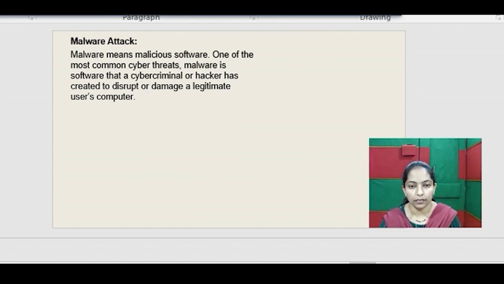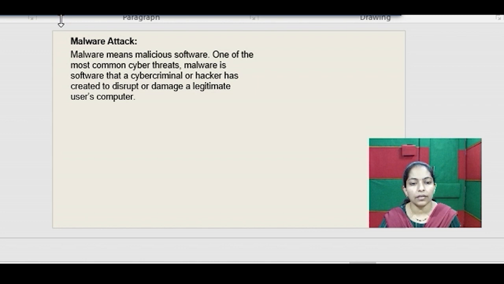First is the malware attack. This is one of the most common types of cyber attack. Malware refers to malicious software, including viruses, worms, spyware, ransomware, adware and trojans.